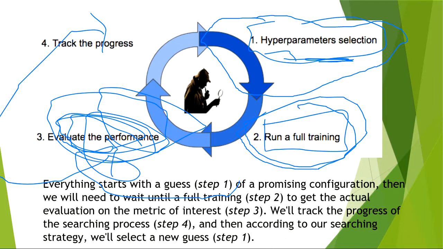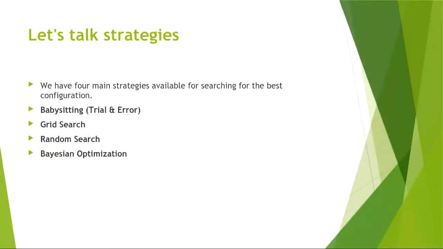So normally there are four steps for searching. First, search your parameters, then train them. After training, evaluate your performance, and then track your progress. Okay, so these are the four steps.